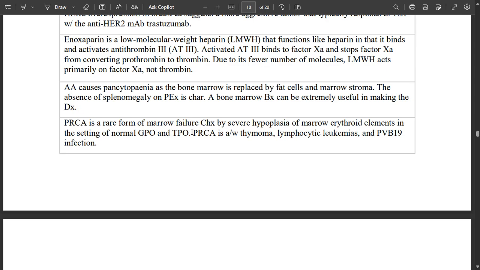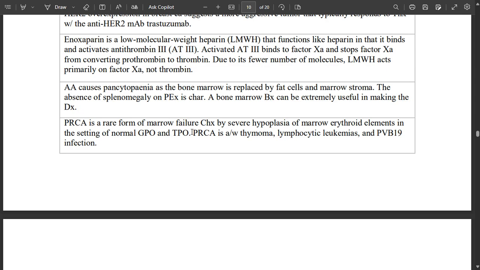So GPO, I think, refers to granulocyte macrophage colony stimulating factor. Okay, so there is a normal level of GPO and TPO, but this red cell aplasia means red cells are not maturing or not forming. Hypoplasia because marrow precursor erythroid cells are decreased in number.